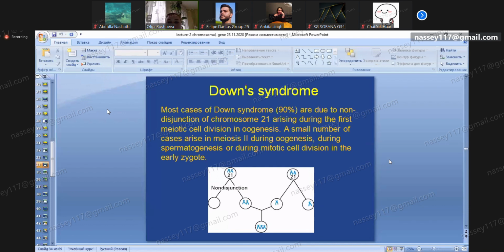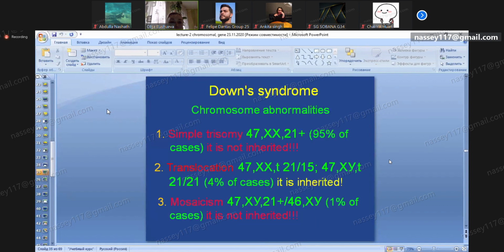Most cases of Down syndrome, around 90% of cases, are due to non-disjunction of chromosome 21, arising during the first meiotic cell division in oogenesis. A small number of cases arise in meiosis II during oogenesis, during spermatogenesis, or during mitotic cell divisions in the early zygote.